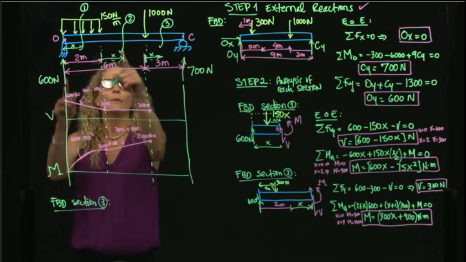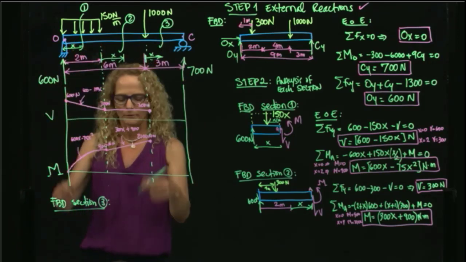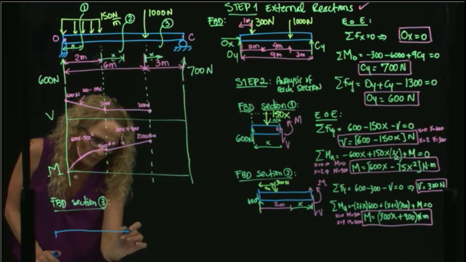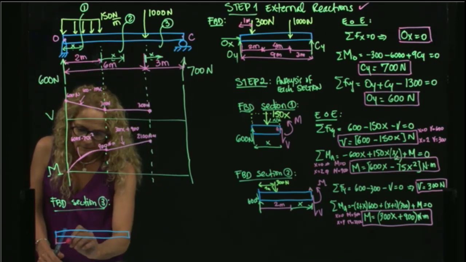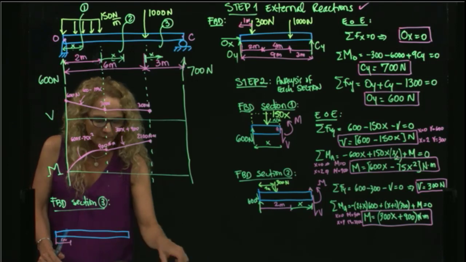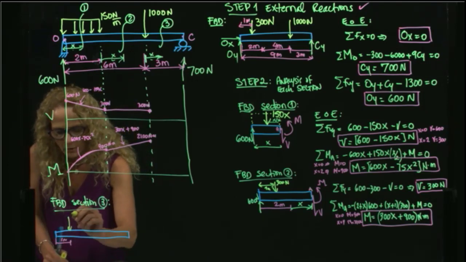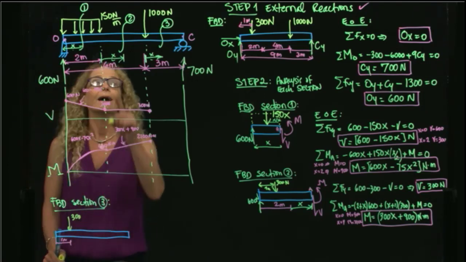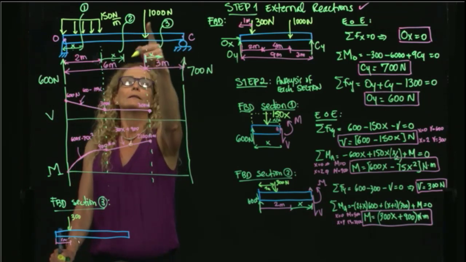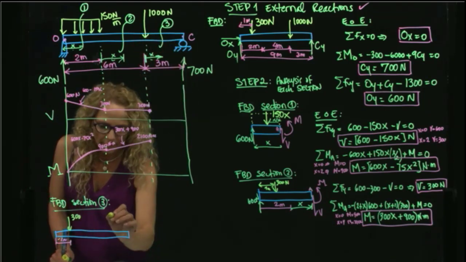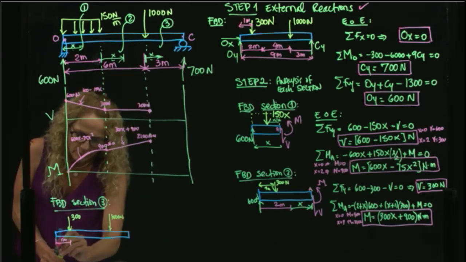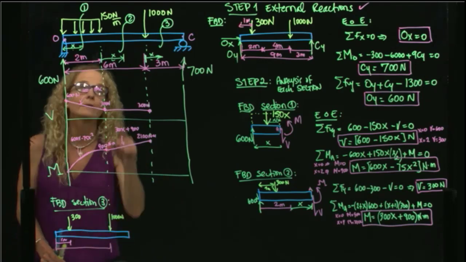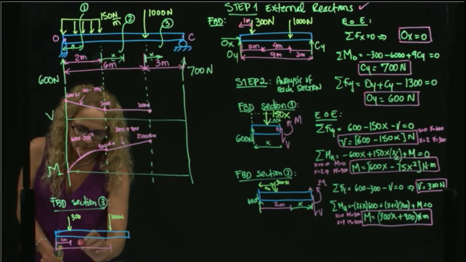And as I said, I will draw this whole free body diagram. At 1, I have a concentrated load of 300. Now I am beyond this 1000, so therefore I have to draw my 1000, and this 1000 is located at 6 meters.